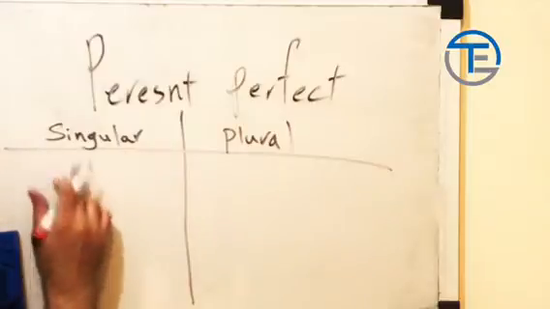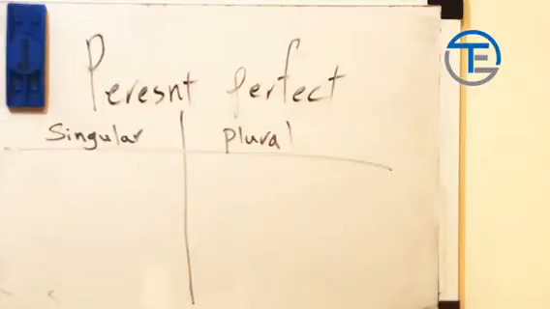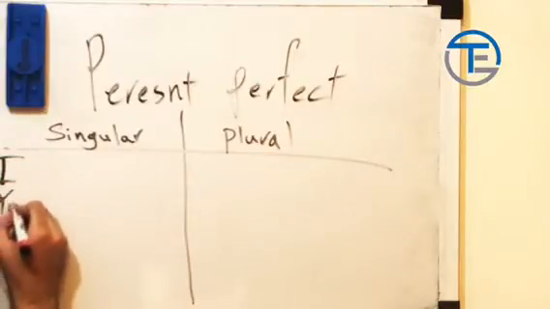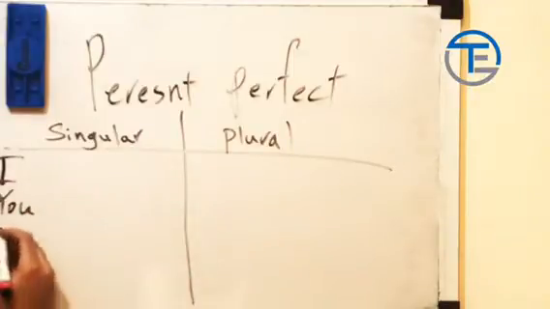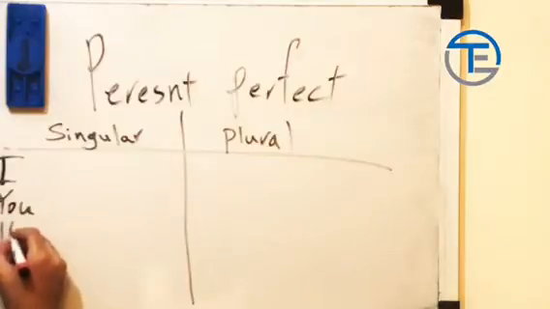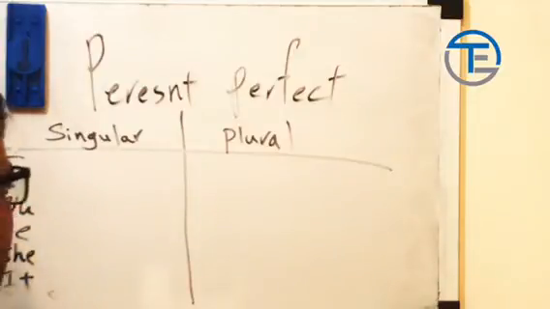So here subject pronoun for singular like I. Then you is singular. We have he, she, it. They are subject pronouns and they are singular. Just one person or one thing you're talking about.